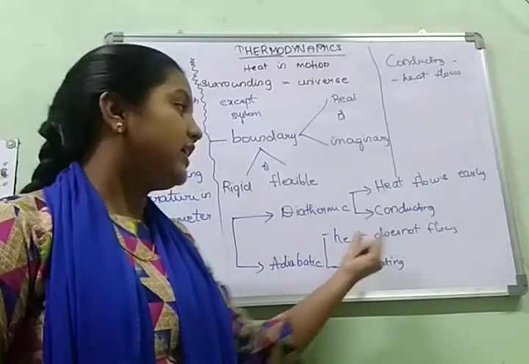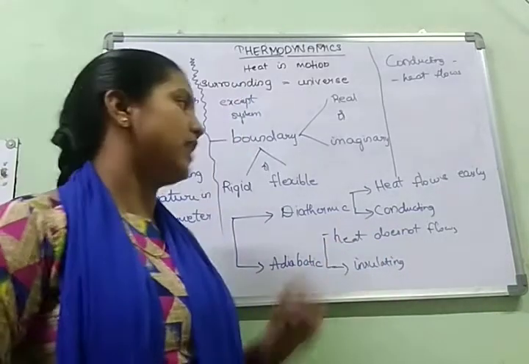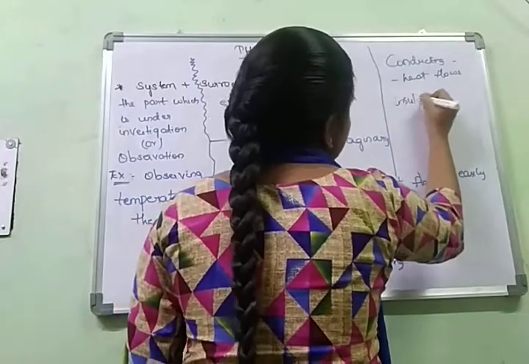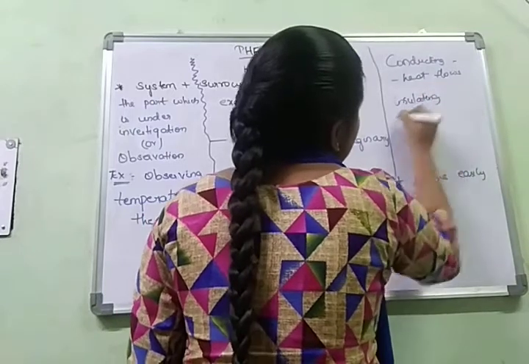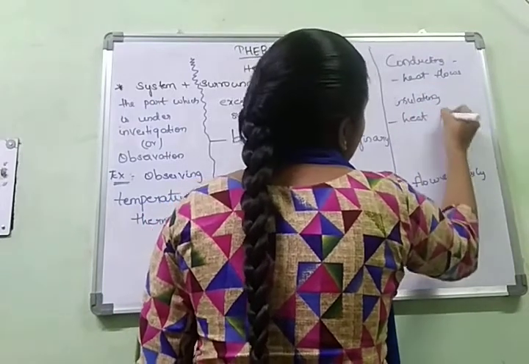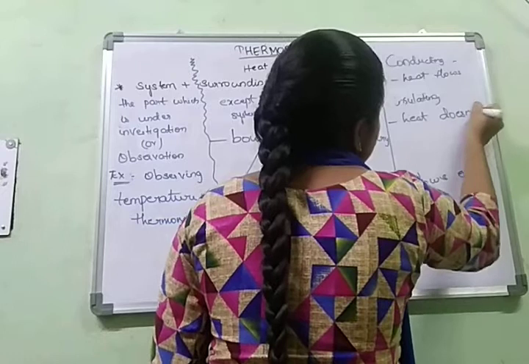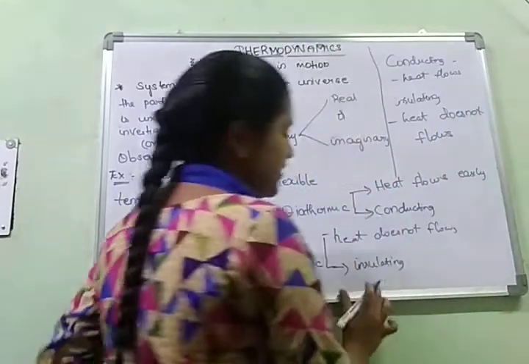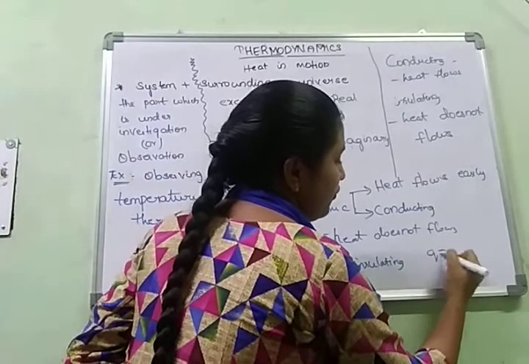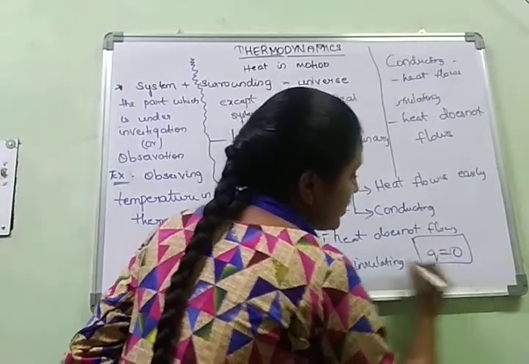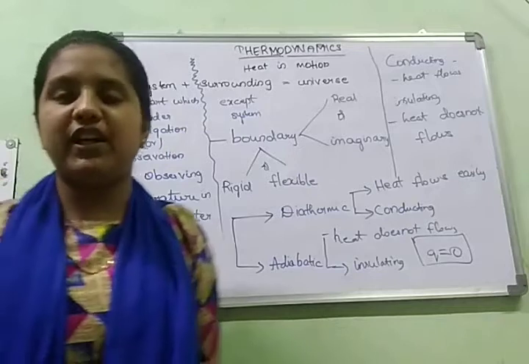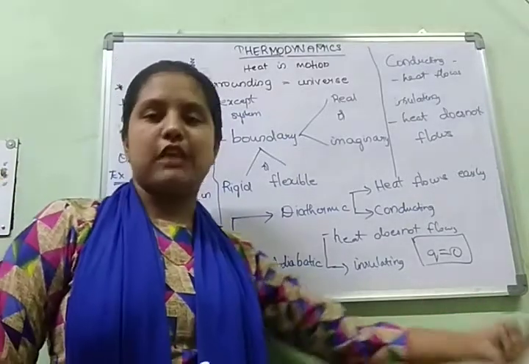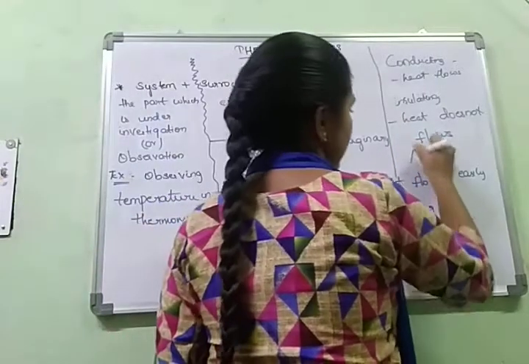Adiabatic is insulating, in which heat does not flow. Here in insulating, one important thing is Q is equal to 0. Q is nothing but heat. Heat does not flow, so the change in heat is equal to 0.